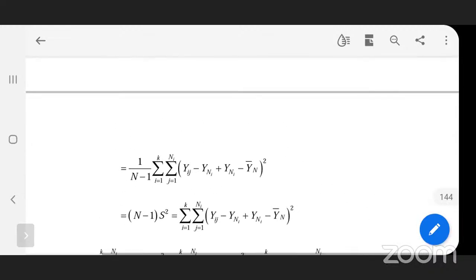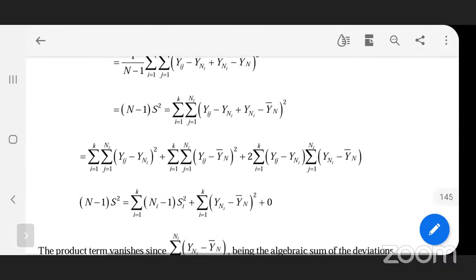With simplification, this becomes y ij minus y i bar plus y i bar minus y N bar, whole square. So separating it, summation of y ij minus y i bar whole square plus summation i equal to 1 to k summation j equal to 1 to ni of y i bar minus y N bar whole square, plus 2 times summation i equal to 1 to k of y ij minus y i bar, summation j equal to 1 to ni, into y i bar minus y N bar.